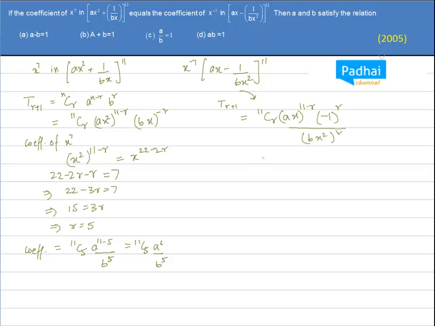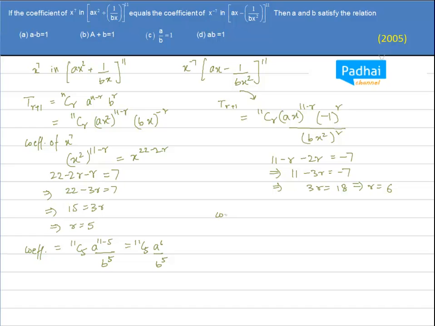So the net power of x will be 11 minus r minus 2r. Now this has to be equated to minus 7. So 11 minus 3r is equal to minus 7, which is nothing but 3r is equal to 18. Sorry, this implies r becomes equal to 6.